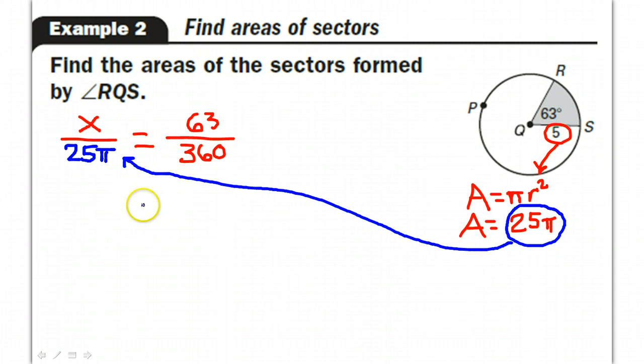Yvonne, what am I going to do now, my friend? I could multiply, but these numbers are kind of big. Is there a way I could make the numbers a little smaller? Look at this fraction. What do I usually do with this fraction when I can?